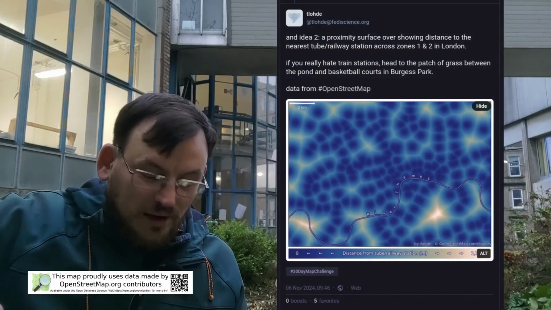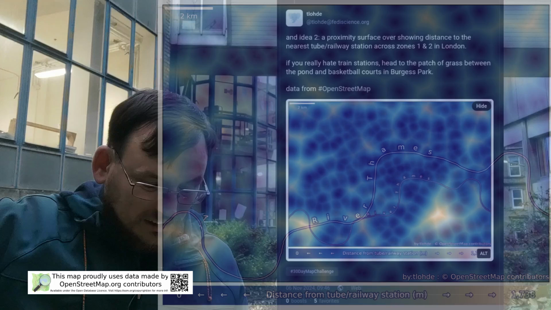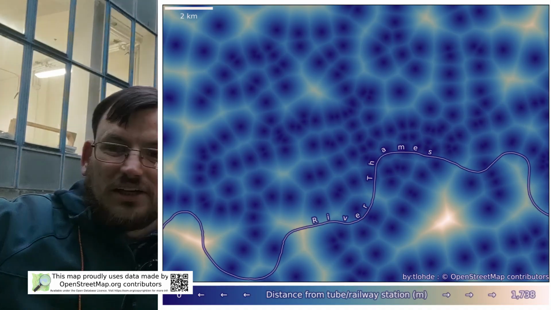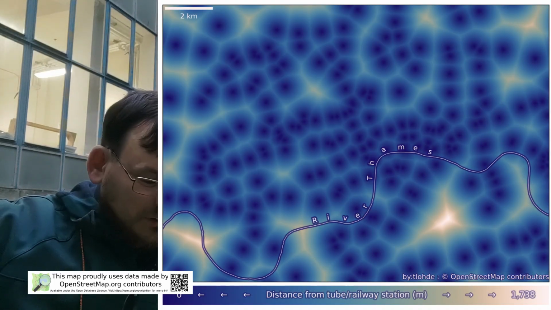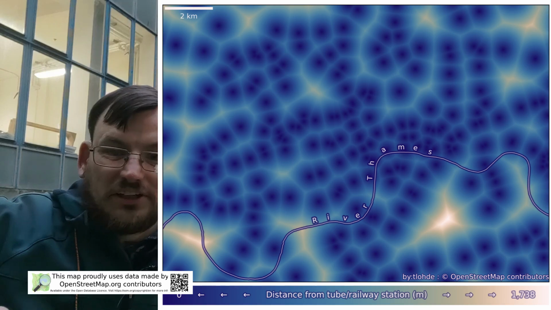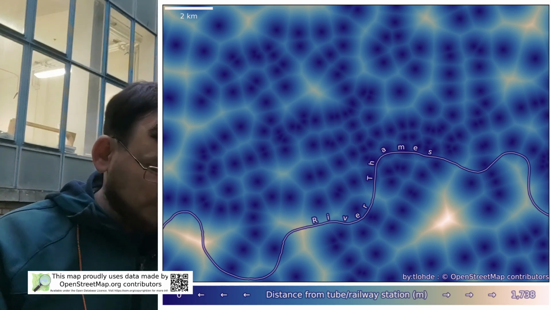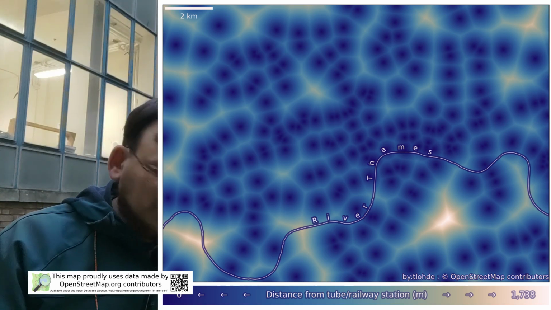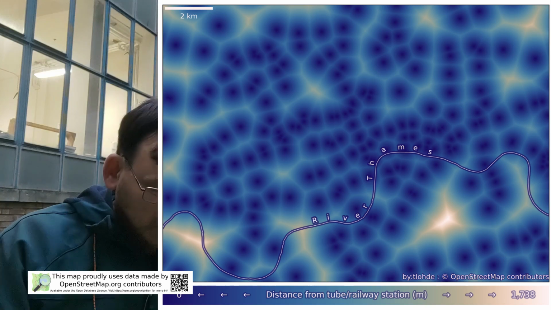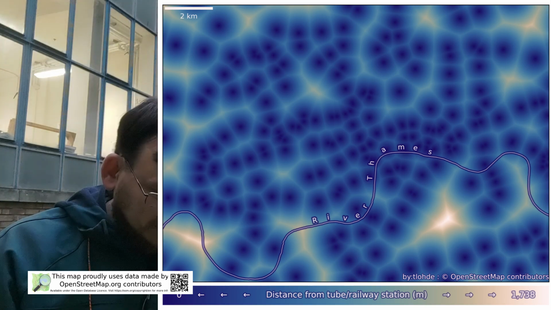And then this one was fun, a non-practical map and strange to look at, so that's kind of art. In London apparently you're rarely more than 800 metres from a station, and that's why we get this blobbiness. So a weirdness, and not recognisably London, I don't think.